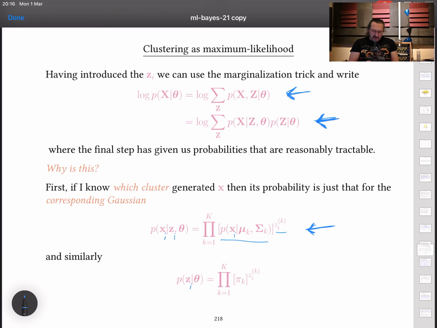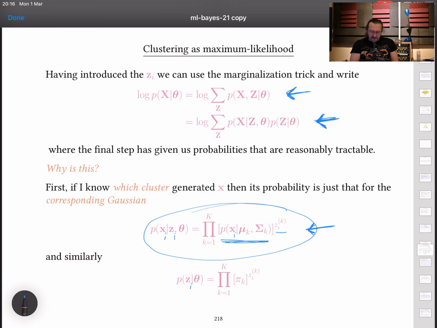Now, all that's happened in this expression is that I've said the product of these values for each of the clusters actually collapses just to the value for one of them when we raise to the power of the latent variable here, because the latent variable is only 1 for the cluster that generated the data point, and it's 0 for the others, and anything to the power of 0 is 1, so this product gives us exactly what we want.